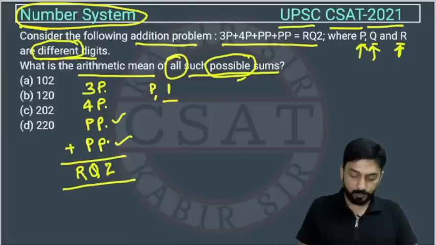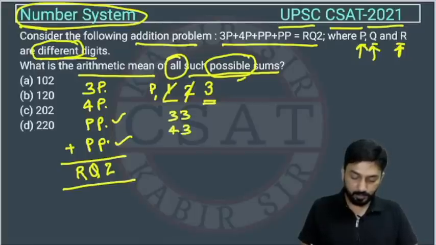Similarly, try for 2. If we are putting 2, it will be 4 times 2, so this will be 8. This is also not possible. So now let's put 3. If we are putting 3, 3, 3 is 6, 9 and 12. So that's possible, right? So if the value of p is 3, then this problem will become 33, 43, 33 and 33, right?